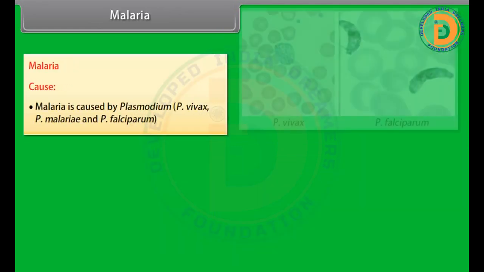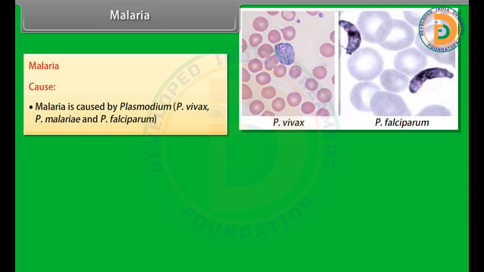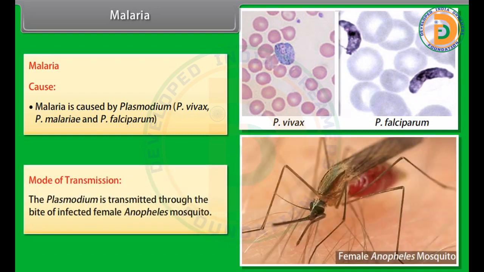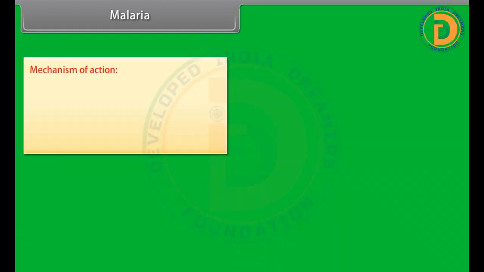Malaria. Cause. Malaria is caused by Plasmodium: P. vivax, P. malariae and P. falciparum. Mode of transmission. The Plasmodium is transmitted through the bite of an infected female Anopheles mosquito. Mechanism of action.